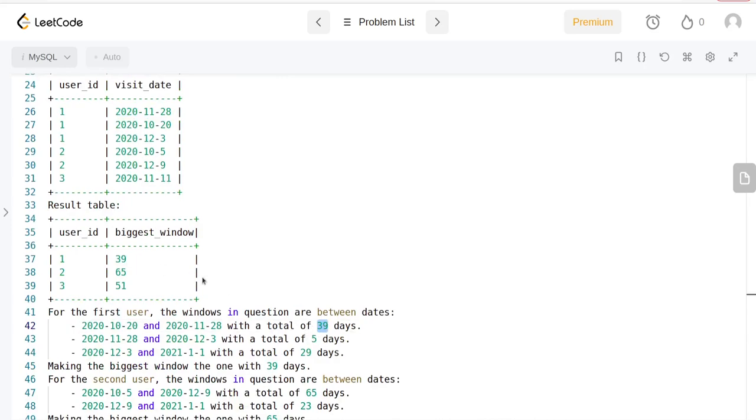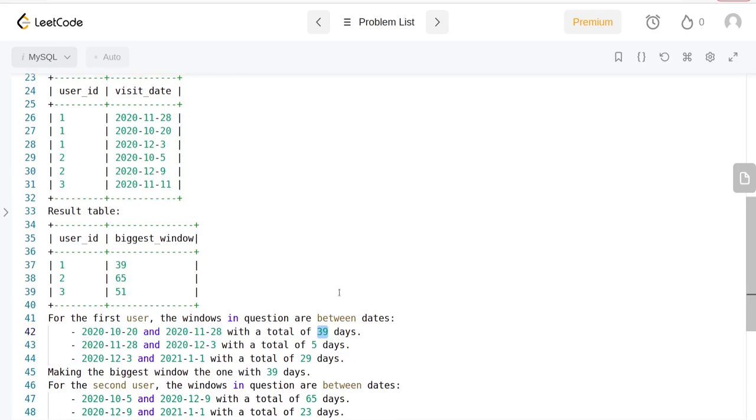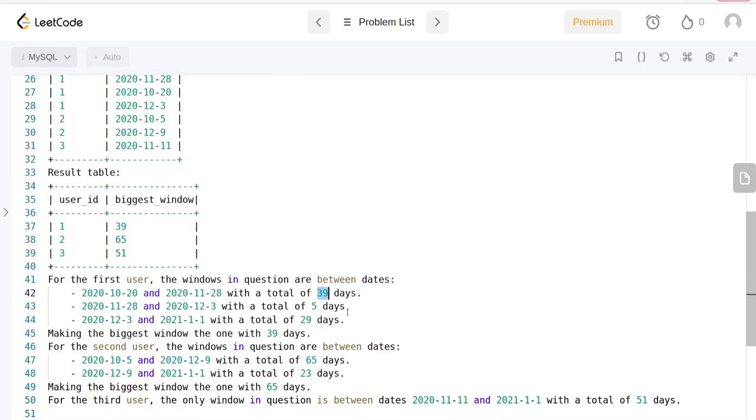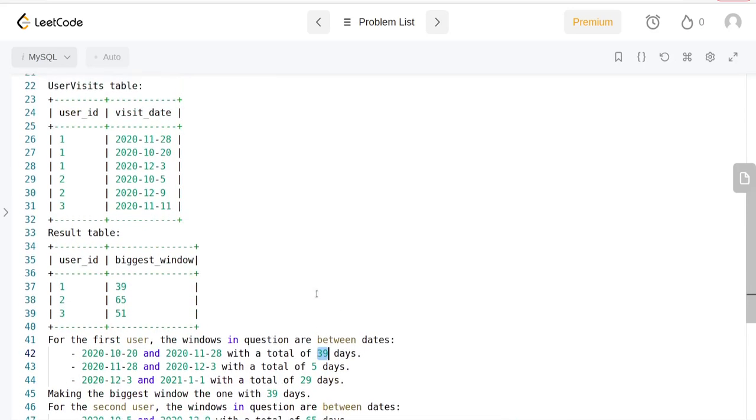So that is one window in which he didn't visit. Then when did he visit the next time? From here to this date, the window is 5 days.